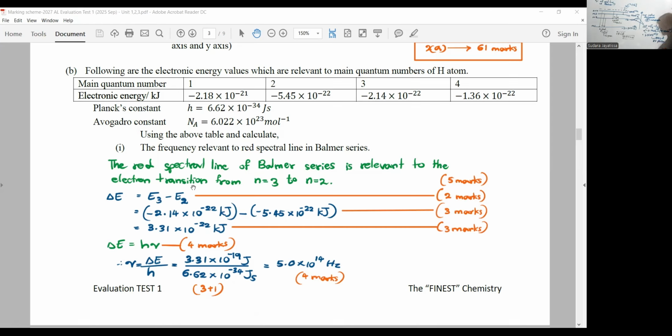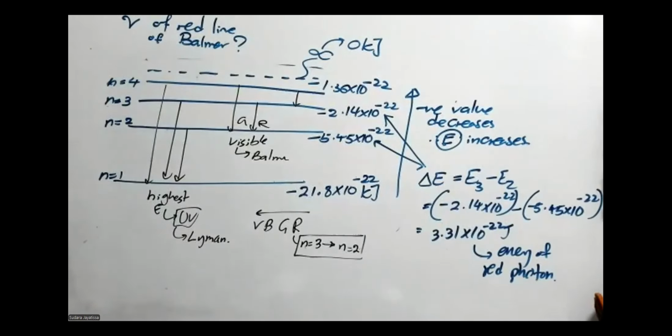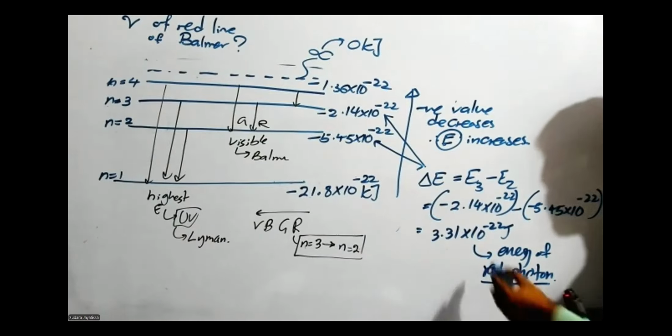In quantum theory, energy is quantized, so energy packets are moving. There is a red color packet, and the red color photon energy is this value.